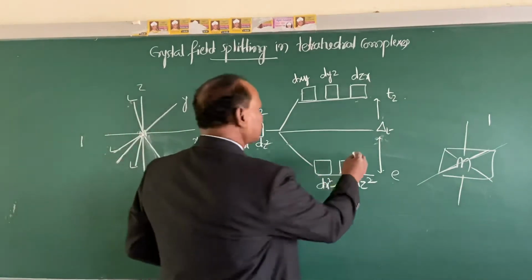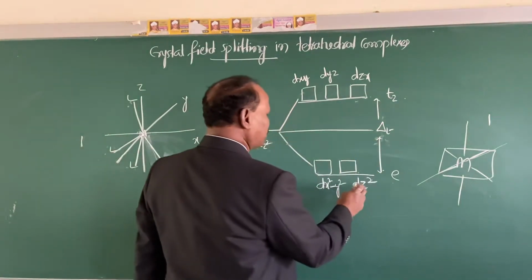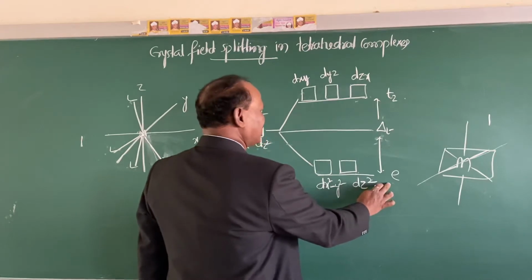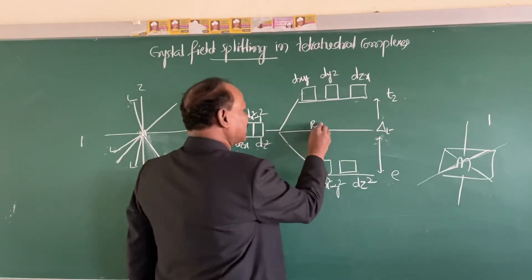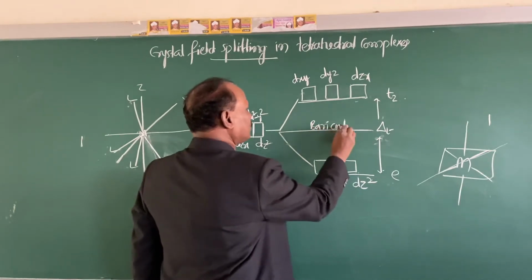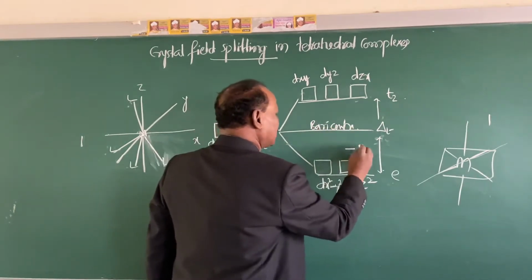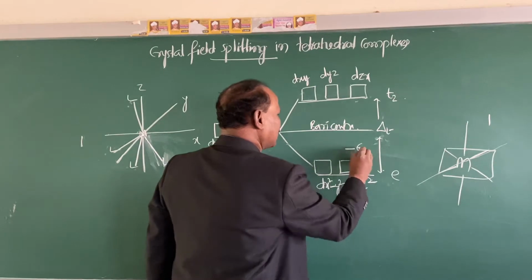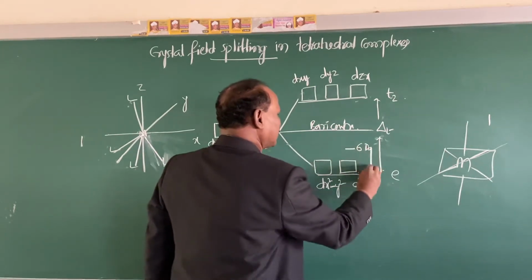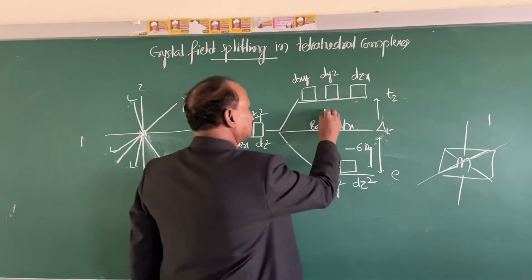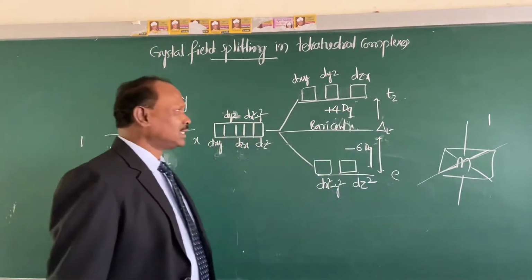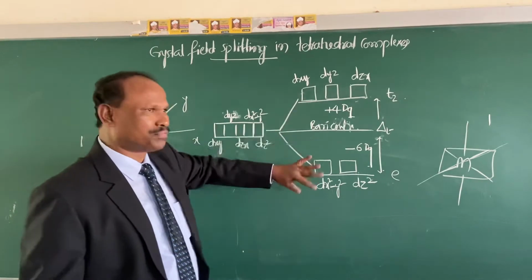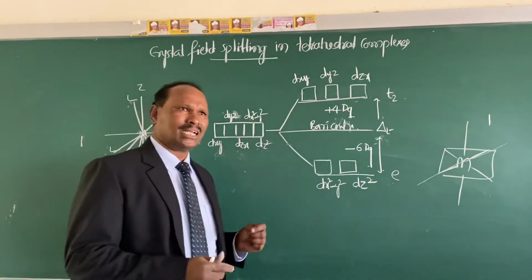And here the energy difference between this E energy level and this barycenter, this is called the barycenter, I said, is minus 6 Dq, and here it is plus 4 Dq. Look here, it is exactly the reverse of the octahedral complexes.